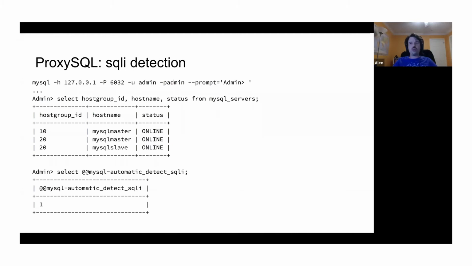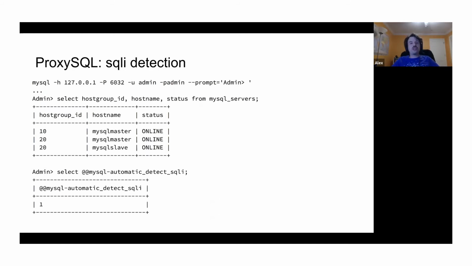If you are not familiar with ProxySQL, the main way to configure it is to use the MySQL command line and connect to the admin interface. Here we are using localhost, and the specific admin port 6032, with a username and password.